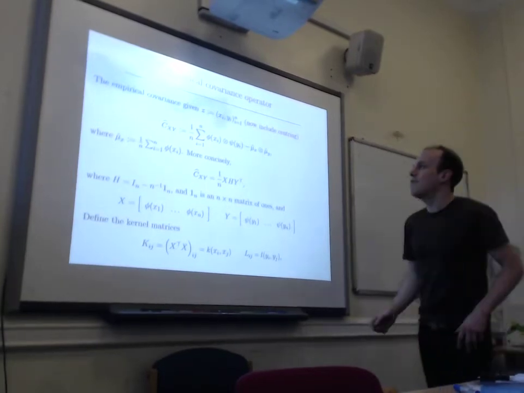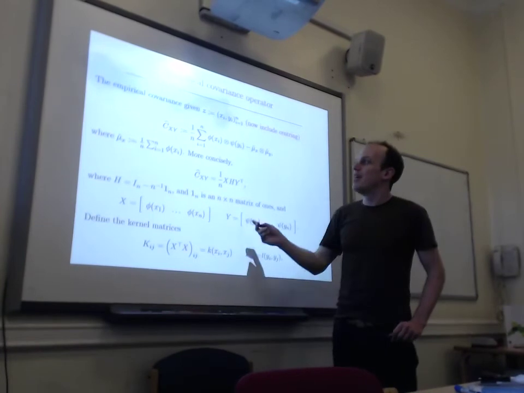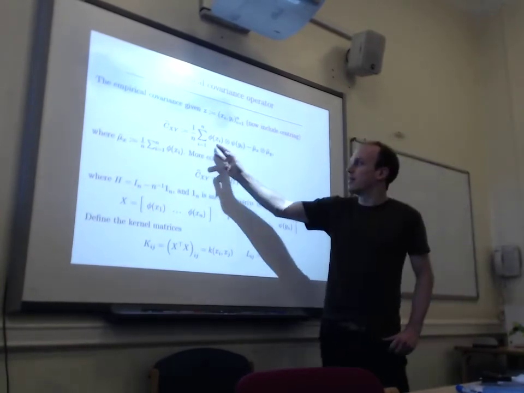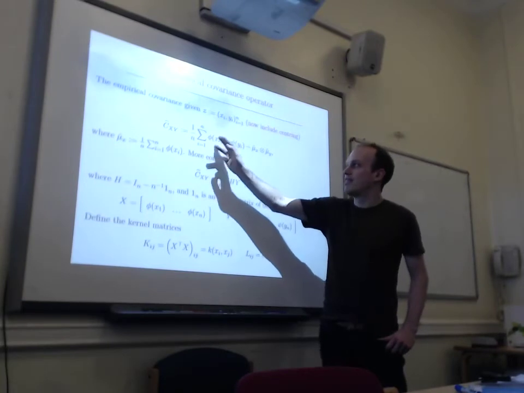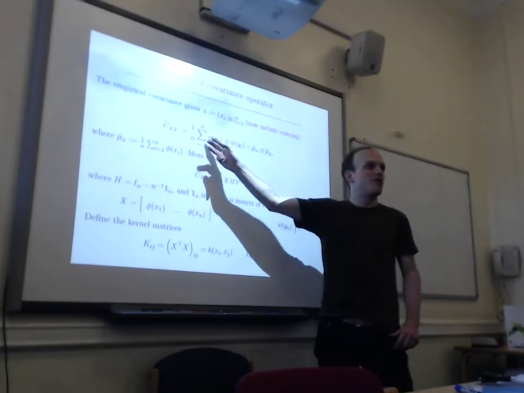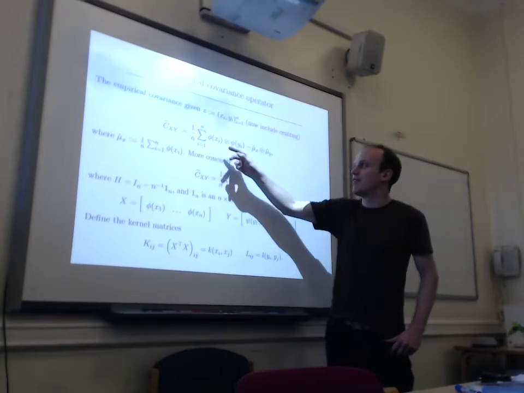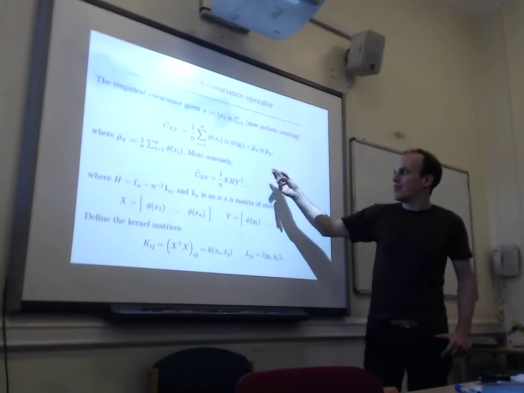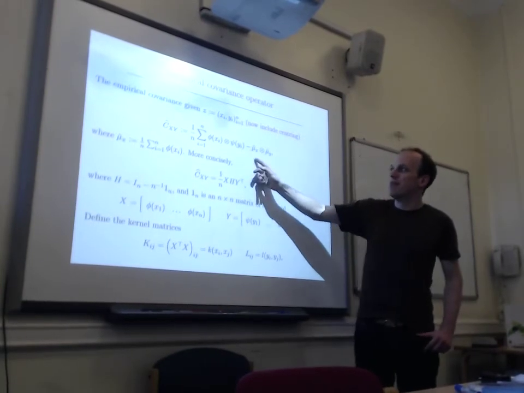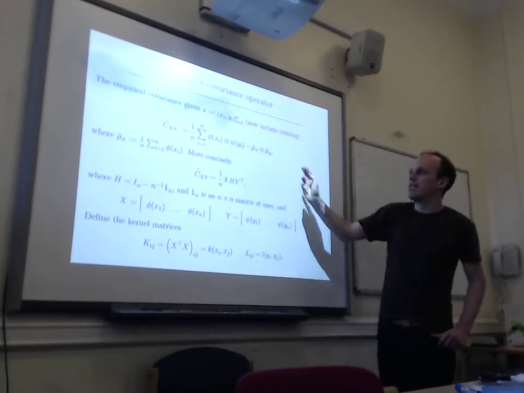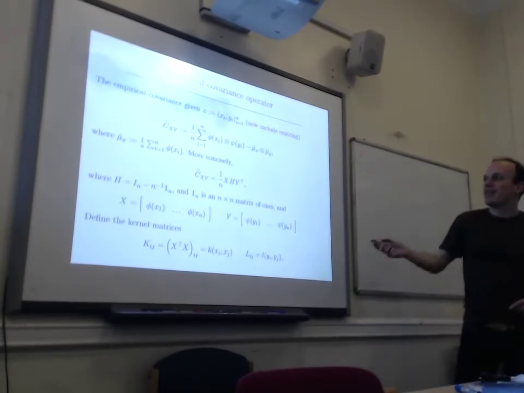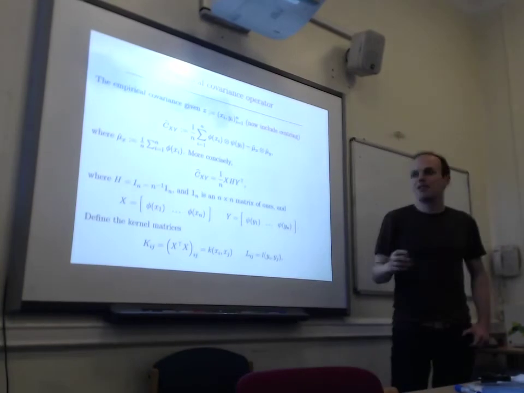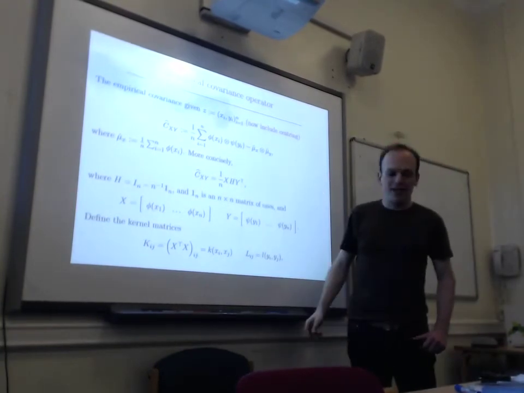So if I have samples from x and y, what's my linear covariance? Well, this is just the empirical expectation of the tensor product. So basically you take the sum over all of the samples, and you take phi of xi tensor phi of yi. Okay? And because of the centering term, you need to subtract off the mean embedding of x tensored with the mean embedding of y. Okay? So this object here is the empirical estimate with centering of the covariance operator.